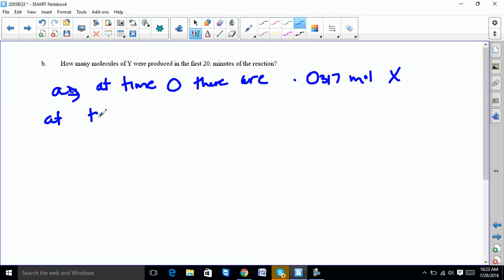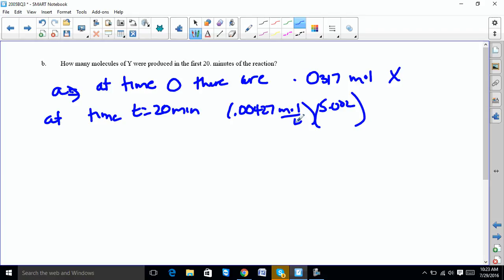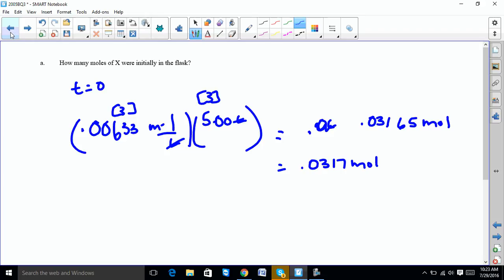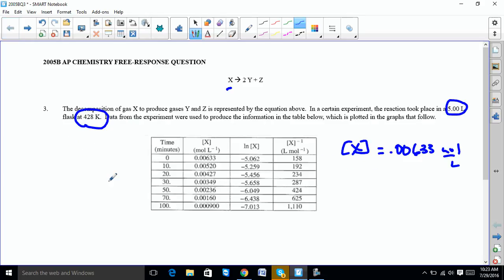At time T equals 20 minutes, so now what's going on at 20 minutes is that you would take 0.00427 moles per liter times 5 liters. And if you do that, you get 0.0214 moles of X. Again, where does this 0.00427 come from? Sorry, 3 slides back, at time 20, that's the concentration.